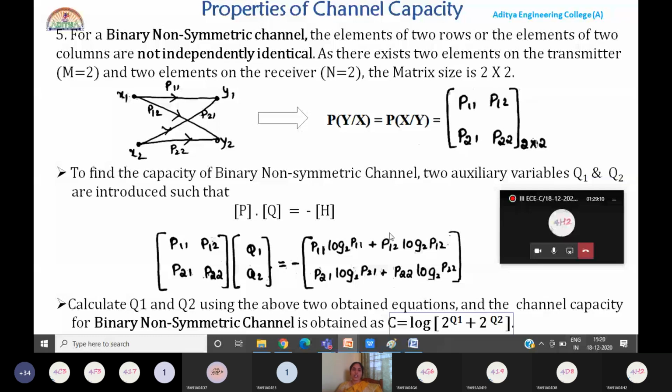How are these two introduced? Such that PQ is equal to minus H. If you multiply the probability matrix with the Q matrix, which is nothing but the two auxiliary variables in a column matrix, and equate this to the entropy, then you will get two equations. Upon solving the two equations, you will get Q1 and Q2. Two equations are there, so you can calculate two unknown parameters.